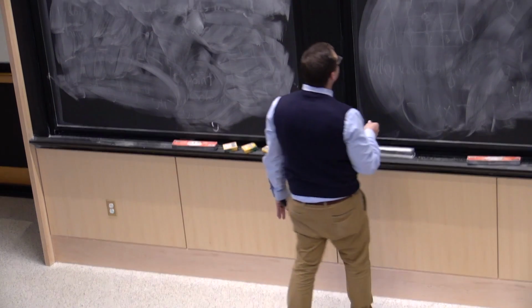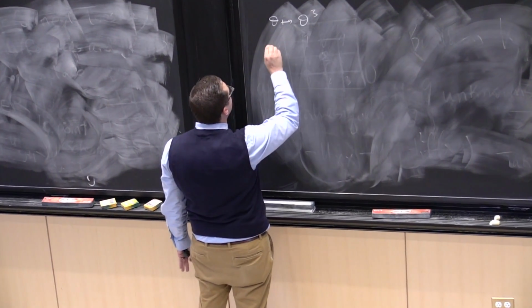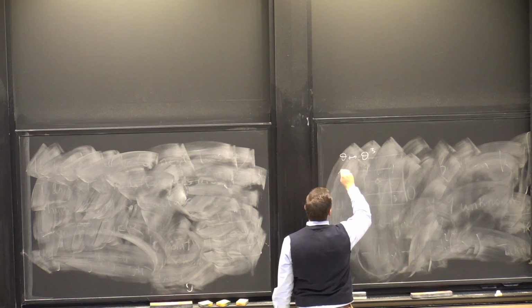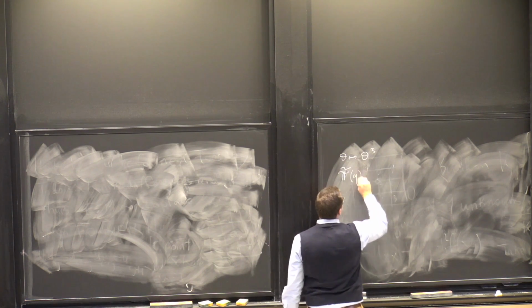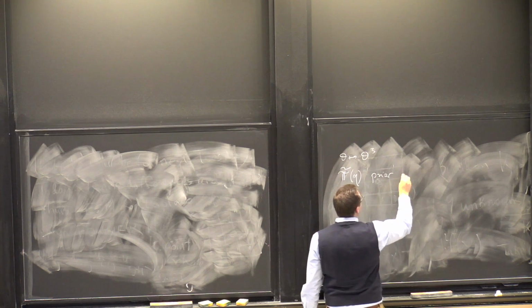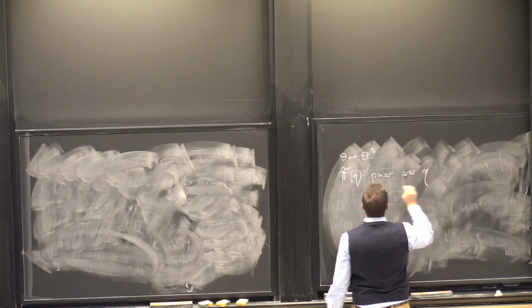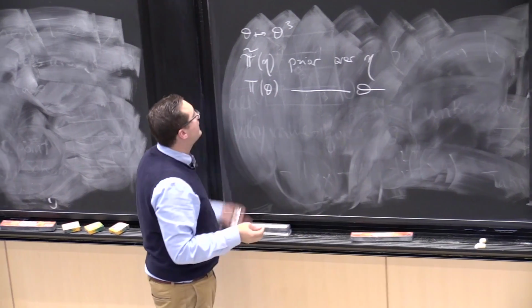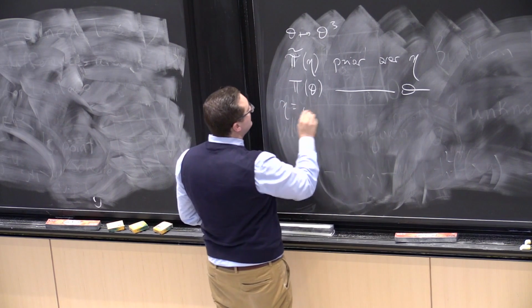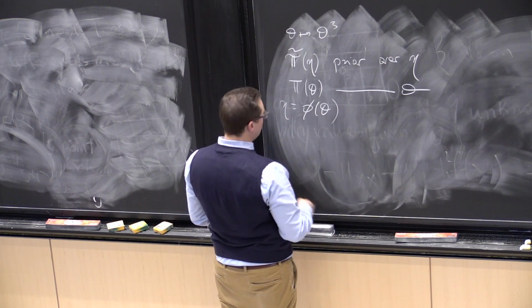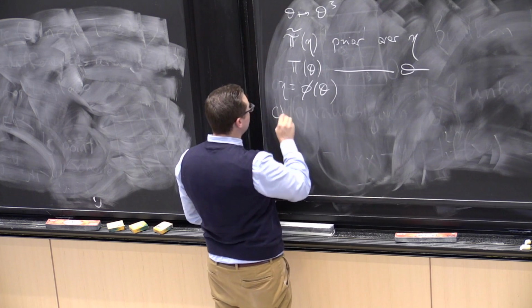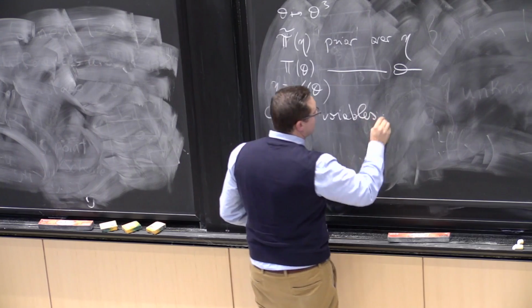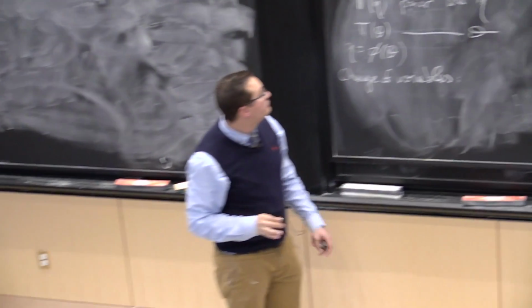So if you call pi tilde of eta the prior over eta, and you have pi of theta as the prior over theta, then since eta is of the form phi of theta, just by change of variable, that's essentially a probability result.